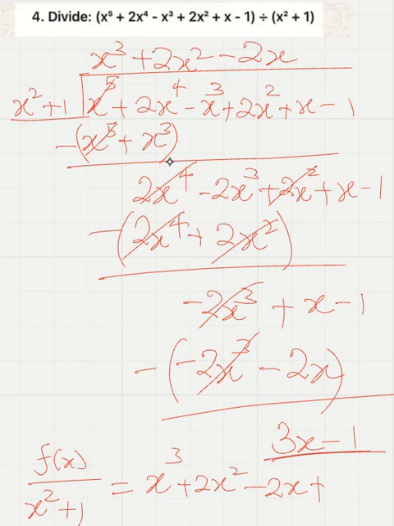So here's the remainder, 3x minus 1 all over the divisor, x squared plus 1. This is the answer you get when you divide this degree 5 quintic polynomial by the quadratic polynomial. We have a cubic polynomial with a linear remainder, a polynomial of degree 1. And that's how to perform this.